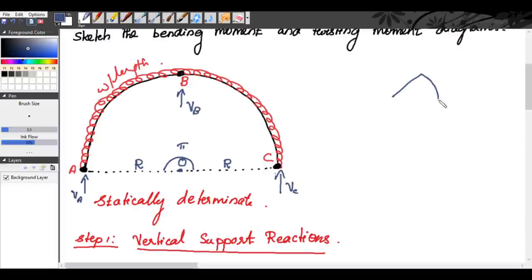We know if there is a curve like this, with radius R and angle theta, this length will be equal to R into theta.